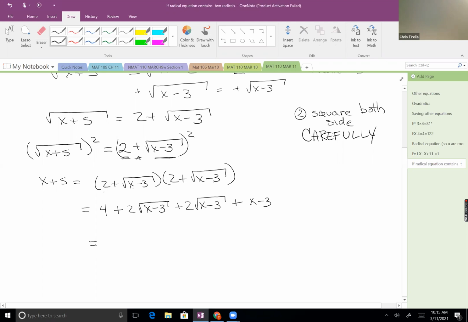So combining like terms, 4 minus 3 is 1, plus I have that term of x, plus when I take those radicals, they're like radicals, I can add them. 4 times the square root of x minus 3. And that equals on the other side x plus 5.